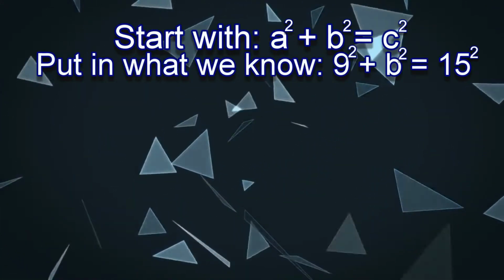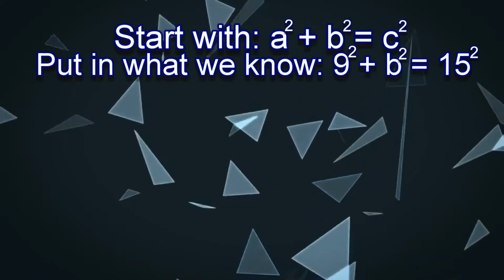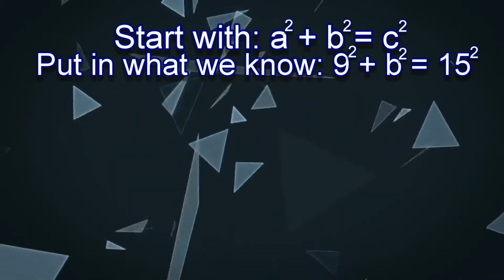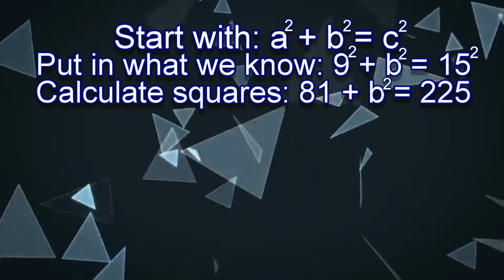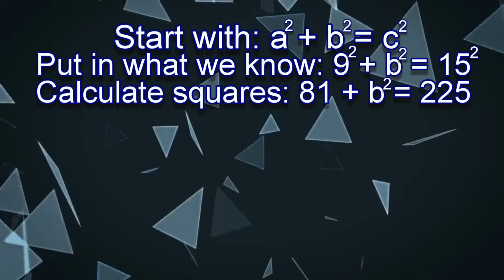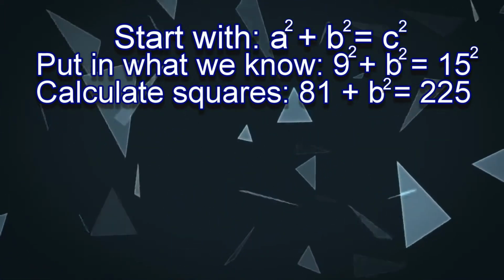Start with a squared plus b squared is equal to c squared. Put in what we know: 9 squared plus b squared is equal to 15 squared. Calculate squares: 81 plus b squared is equal to 225.